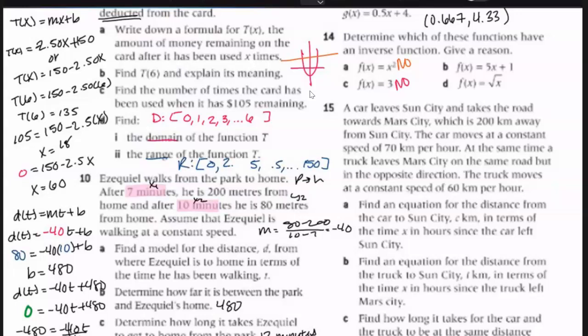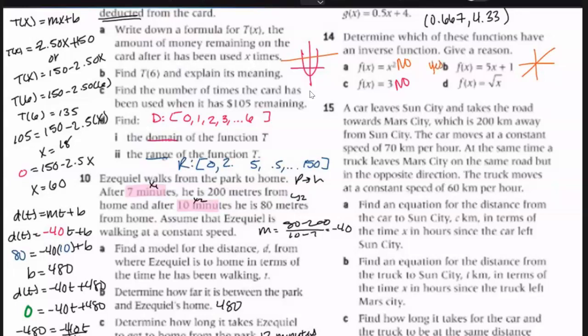Part B says f of x equals 5x plus 1. We know this is a linear function. We know linear functions are one-to-one. They pass the vertical line test, and they'll also pass the horizontal line test, so they are one-to-one. So yes, these can have inverses.